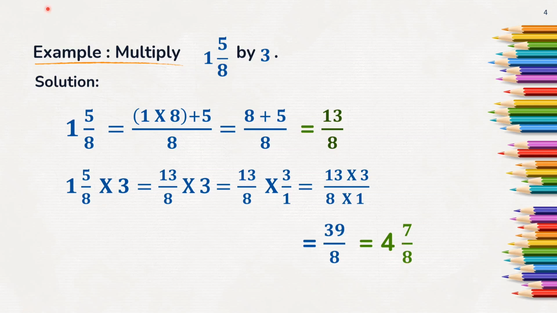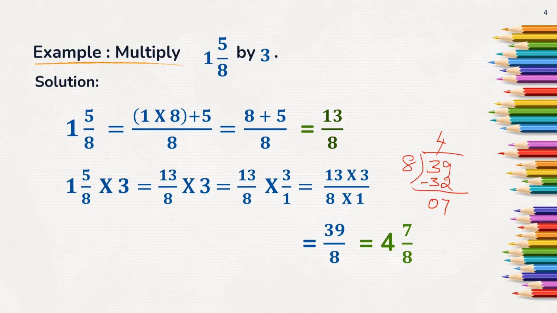We'll check by dividing 39 divided by 8. So 8 4 times is 32. So here 9 minus 2 is 7 and 3 minus 3 is 0.